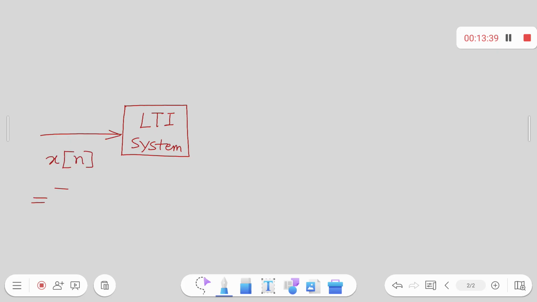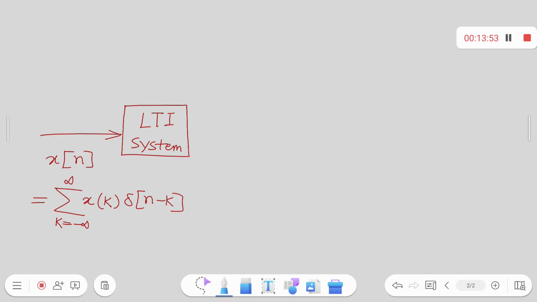Let's consider we have a system S, and let it be an LTI system whose input is x of n, and that x of n is given by the summation over k from minus to plus infinity of x of k delta n minus k.